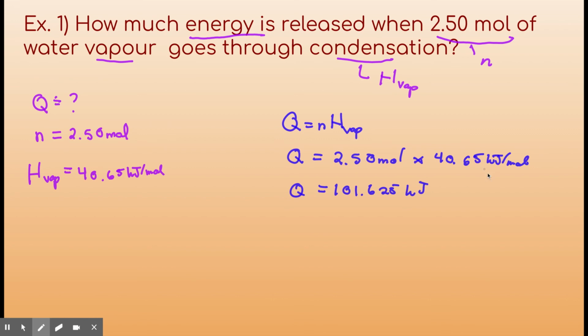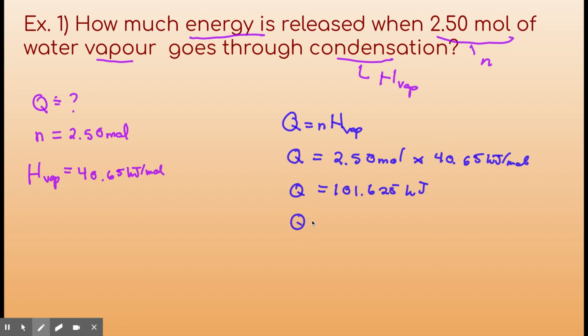And if you look at the constant up here, it will remind you that because it is in kilojoules, your Q is in kilojoules. So now we just have to deal with our significant digits. I've got 3 in this, and I've got 4 in the constant, so we are going to keep 3 sig digs.